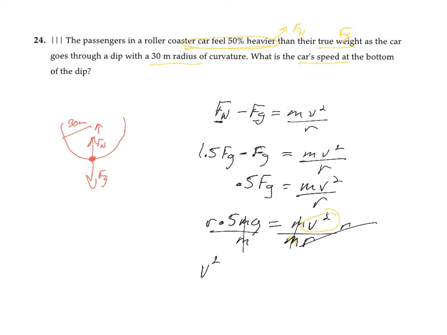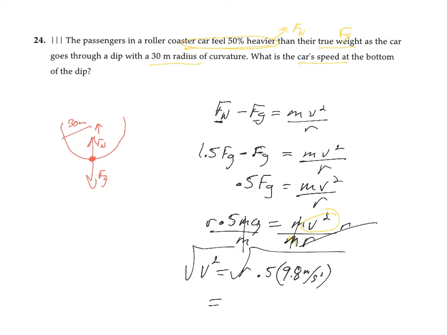So v squared equals r times 0.5 gravity, which is 9.8 meters per second squared. And that's all I have, right? I have r, 0.5 gravity, mass is gone, v squared, so let's square root both sides, and then we'll put some numbers in.